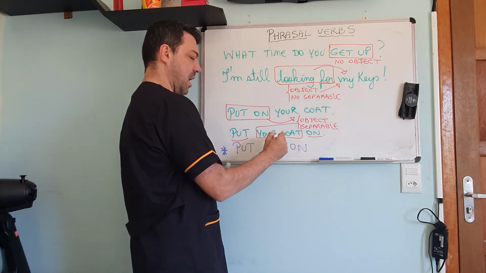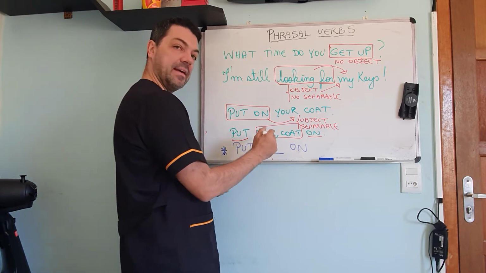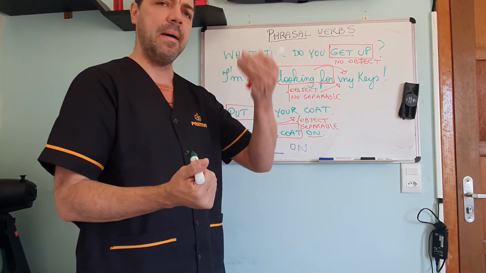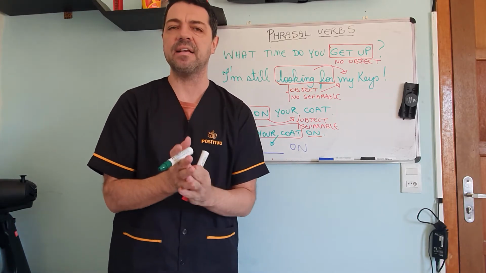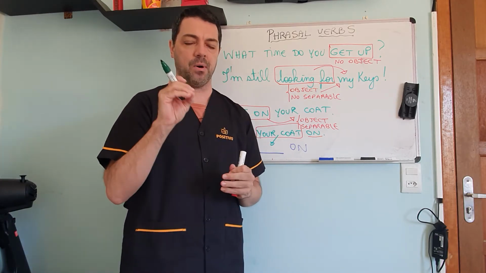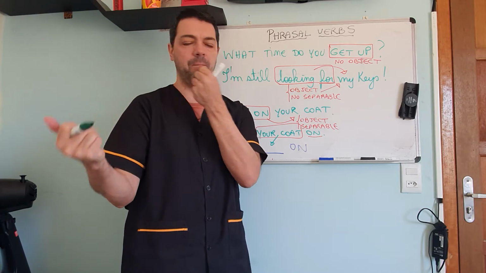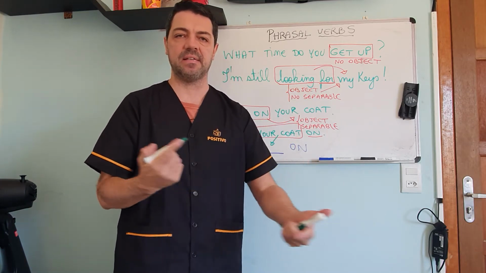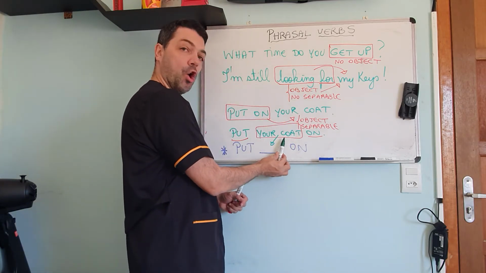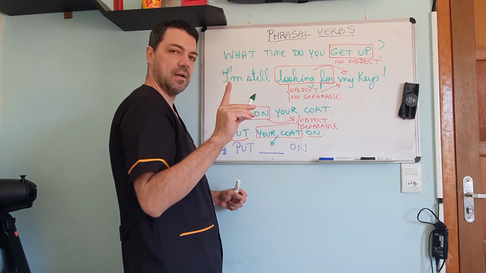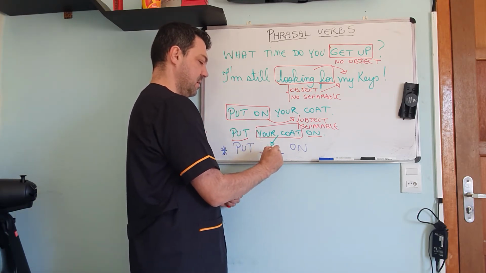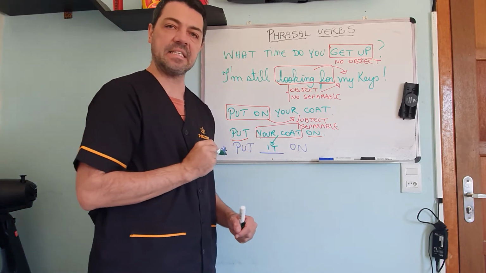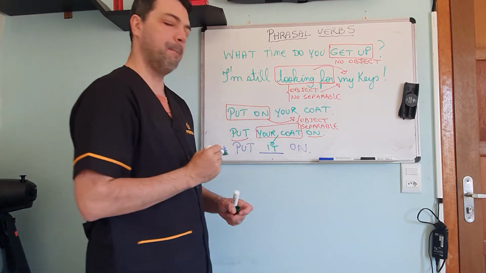As coat is singular, remember at the beginning of our classes, we saw the pronouns: me, you, him, it, etc. Your coat is singular, neutral, so you have the pronoun it. So you have here, put it on.